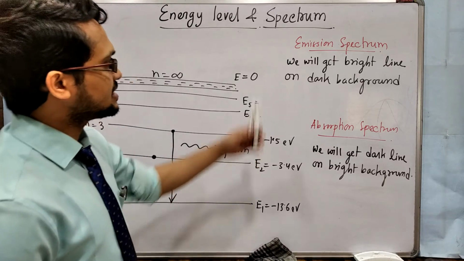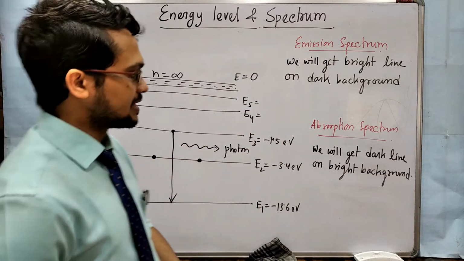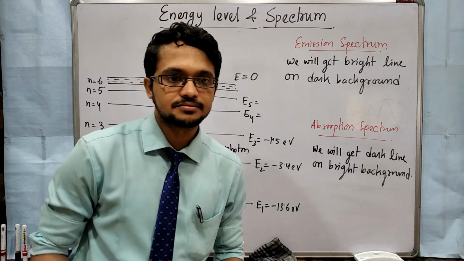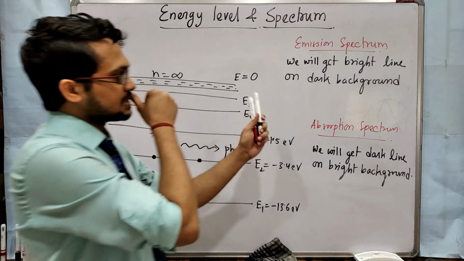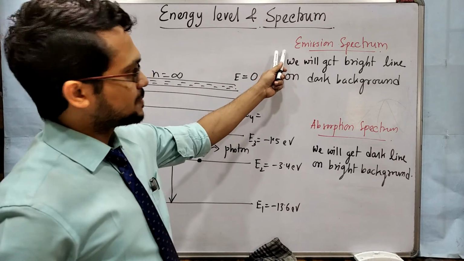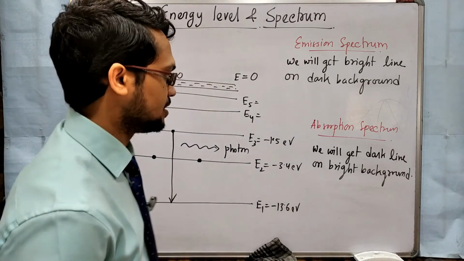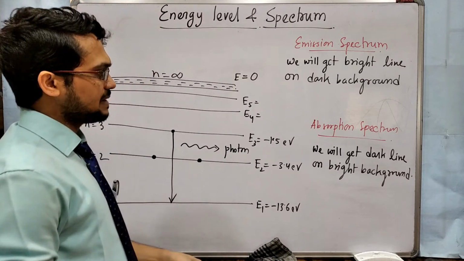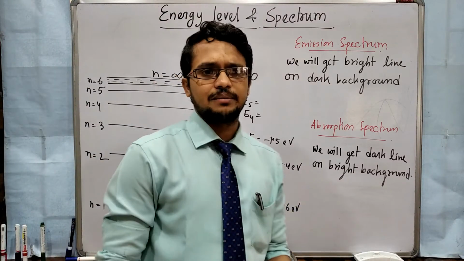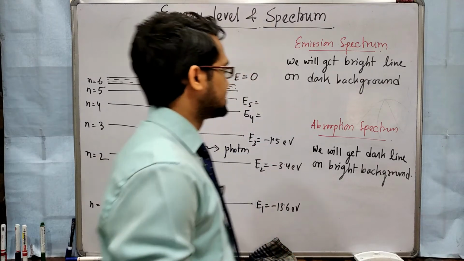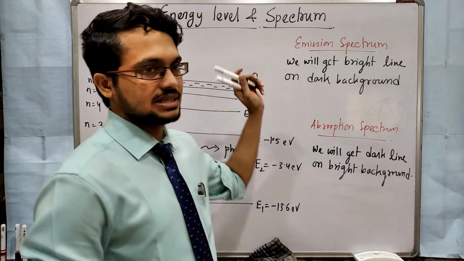So these are the two kinds of spectrum that we can get. Clear? Here we are discussing basically the hydrogen atom, the emission spectrum and the absorption spectrum for hydrogen. The calculation for wavelength and frequency will be the same, but basically we will discuss the emission spectrum.